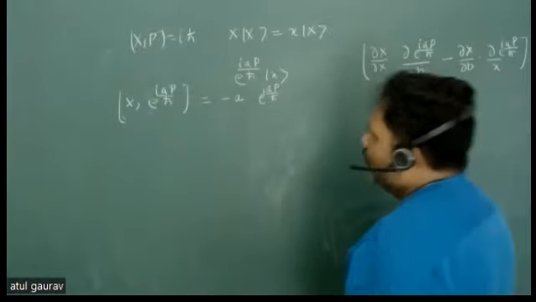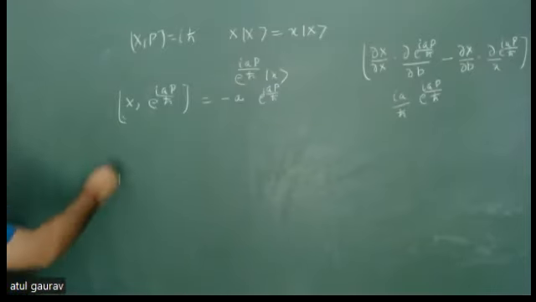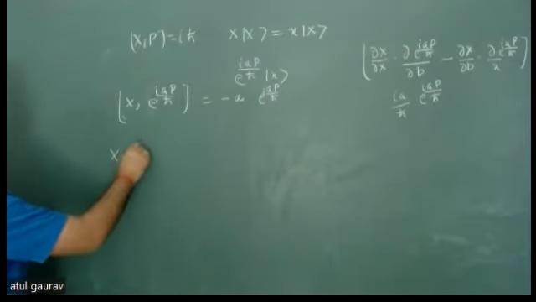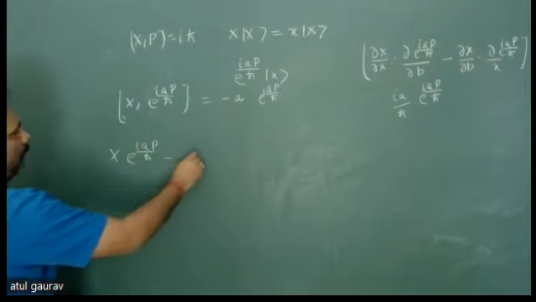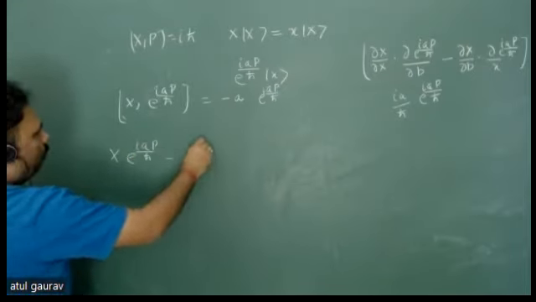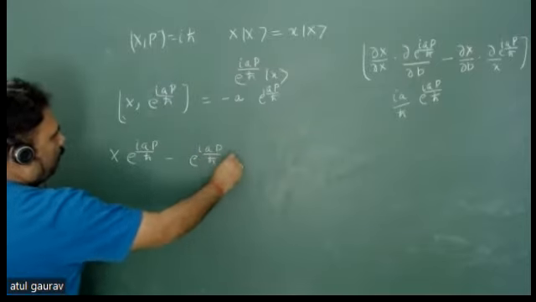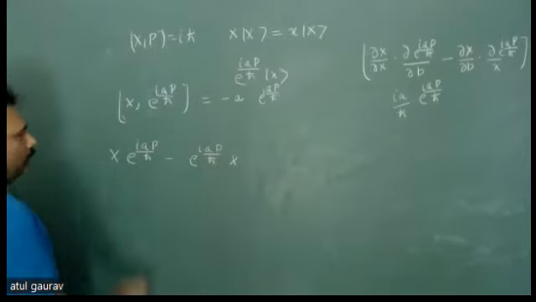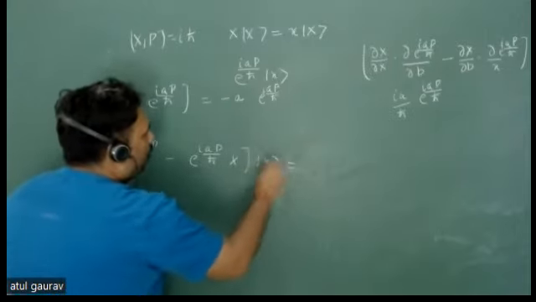Now let us try to open this one. So what will happen? We have x e to the power i p upon h cut minus e to the power i a p upon h cut into x, and we have to operate on the ket on both sides.